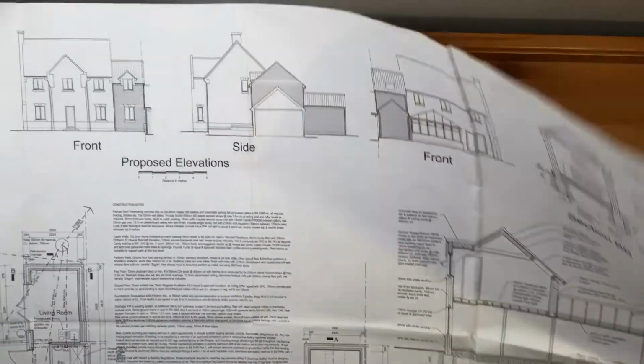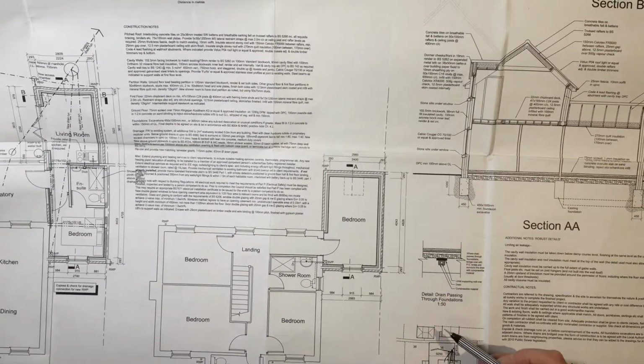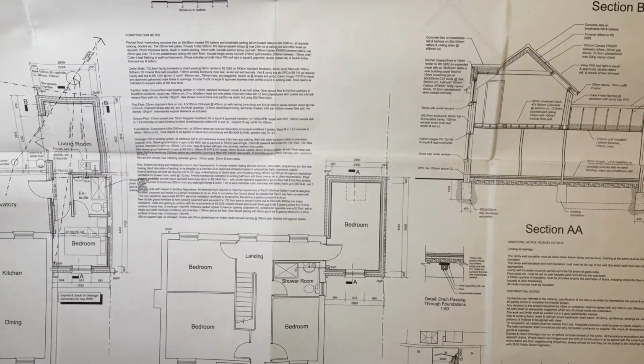But going back to your original question, the block plan is actually a scale drawing, 1 to 500 scale, and it shows the bird's eye view of the building in relation to other buildings around it. It even shows the road and sometimes even some more detail around the surrounding area, including possibly trees and things like that.